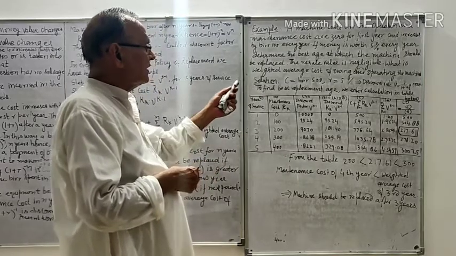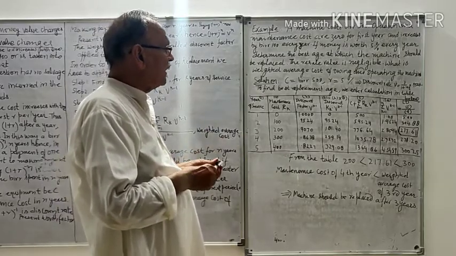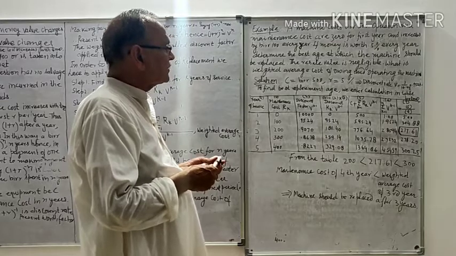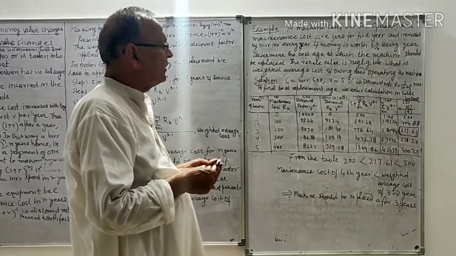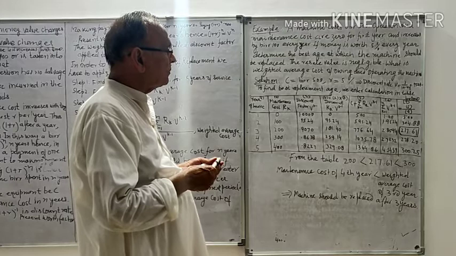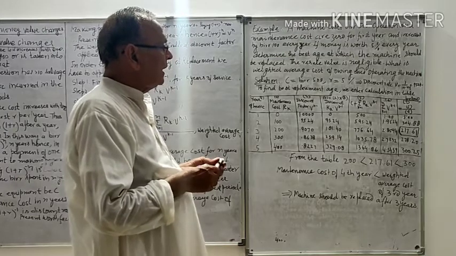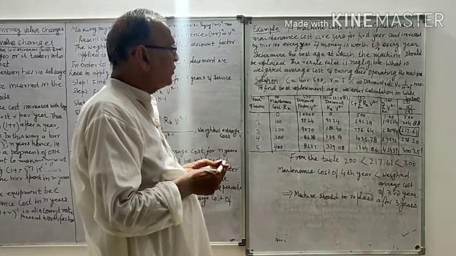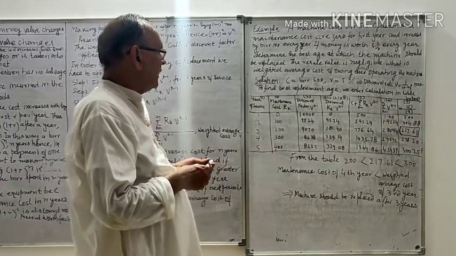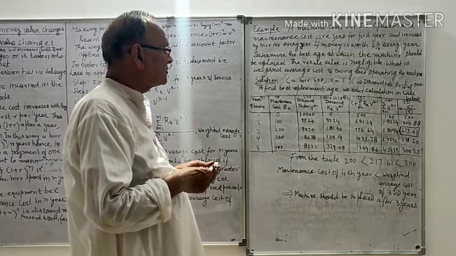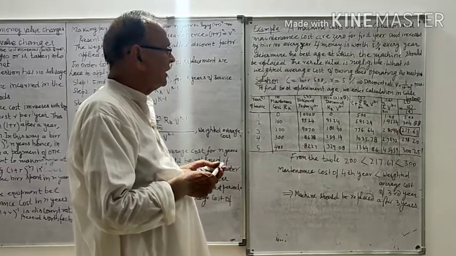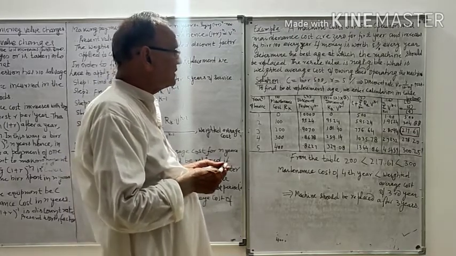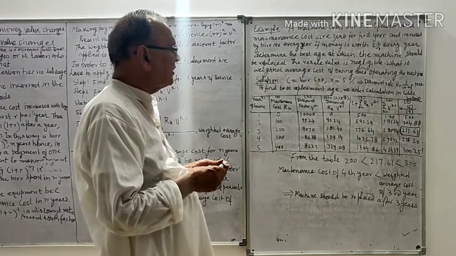Solution: C is 500, R is 5%, discount rate V is equal to 1 over 1 plus 0.05, equal to 0.9524. To find the best replacement age, we enter the calculation in the table below.